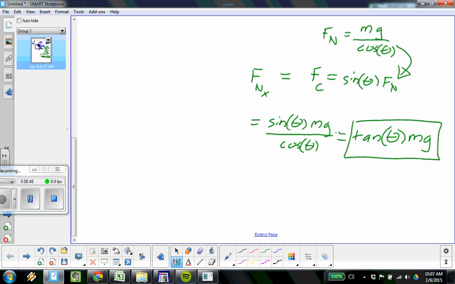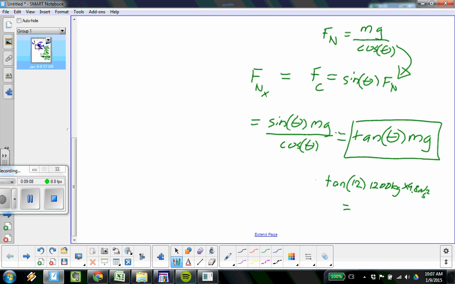All right, now we can actually put a value to that. Plugging in the values, we'll have tangent of 12 degrees times 1200 kilograms times 9.8 meters per second squared. Sorry about my writing.